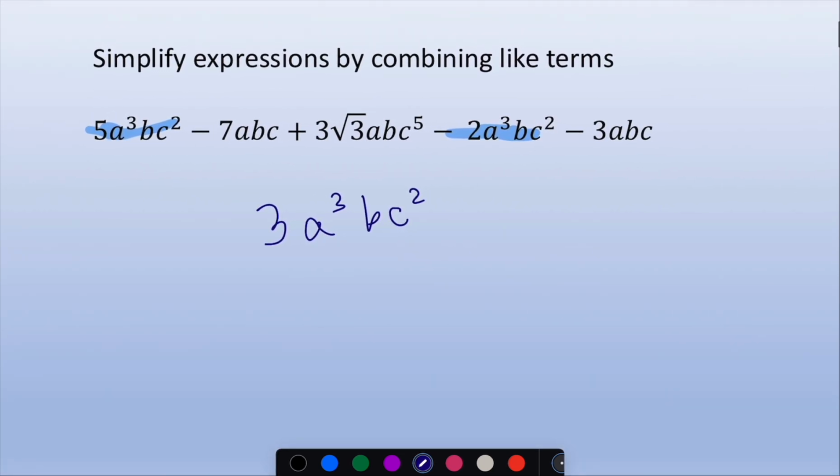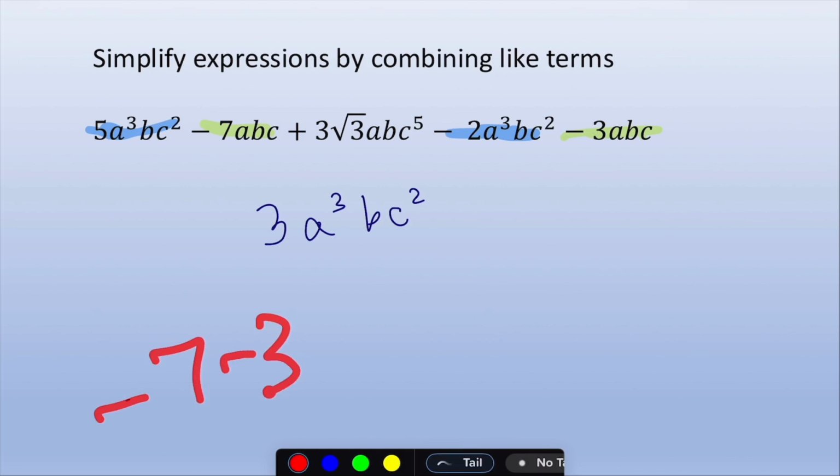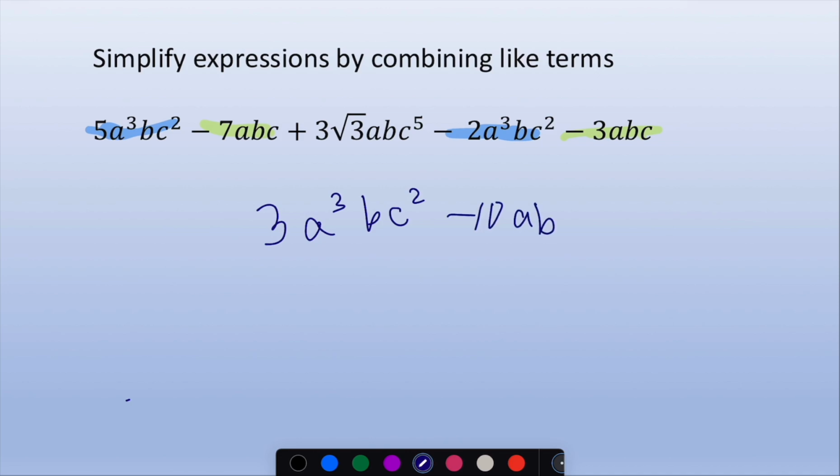Okay, but now let's see, are there others that are like terms? Well, we have an ABC here, we have an ABC here. So those are like terms. So if we have -7abc minus 3abc, we really are thinking, what is -7 minus 3? Well, that would be -10abc.